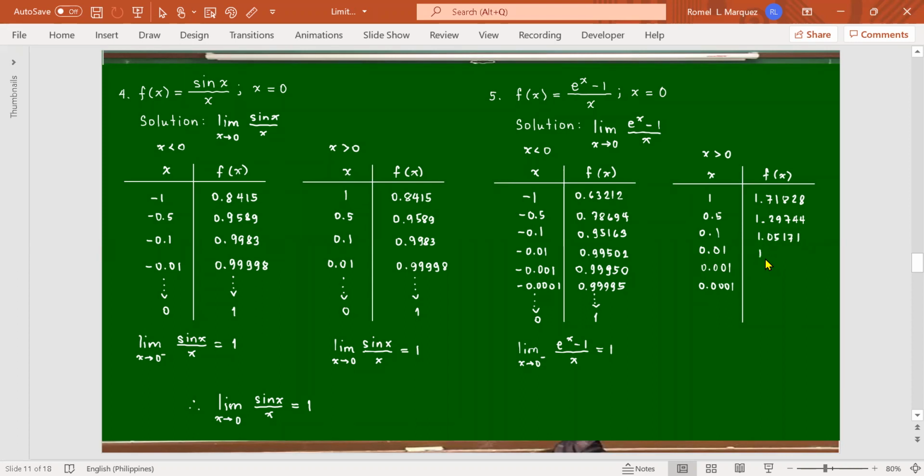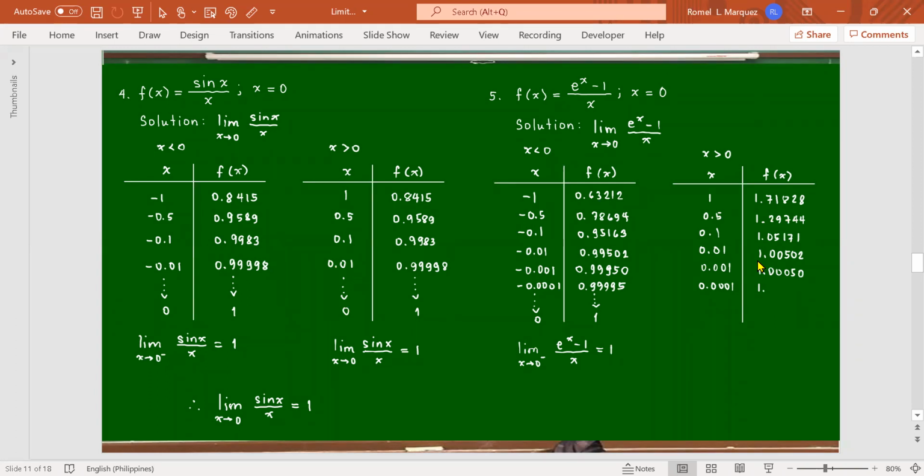When x is 0.01, 1.00502 approximately, no? So that's for f of x. When x is 0.001, we have 1.00050, okay? And then when x is 0.0001, what's the value, guys?